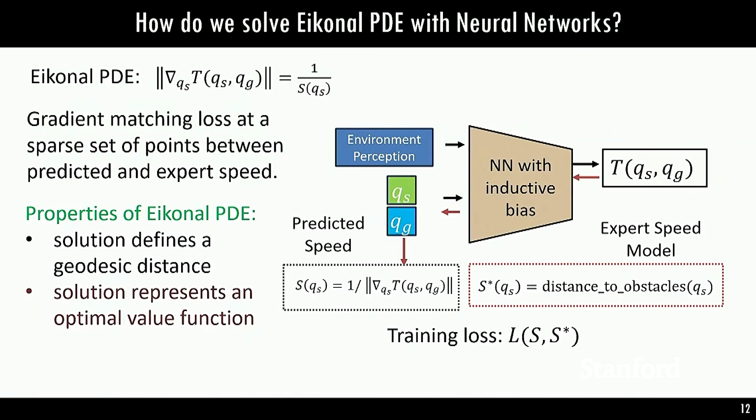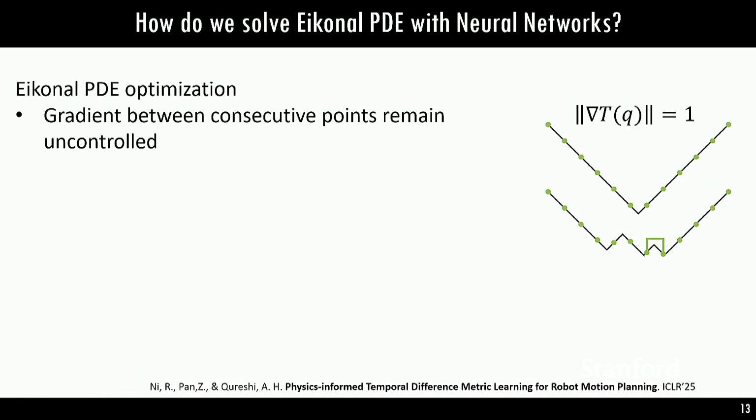Second, the solution of this eikonal PDE is a value function, so it should respect Bellman principle of optimality. And then we found out this can solve the problem of the gradient being uncontrolled between my training points. So think of this simple eikonal PDE. So it is an absolute function.